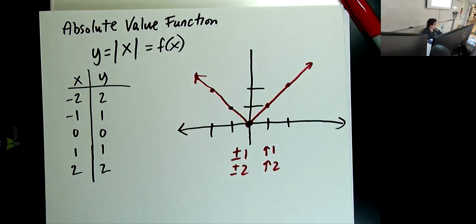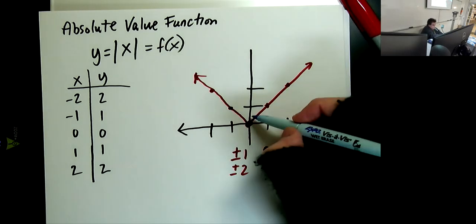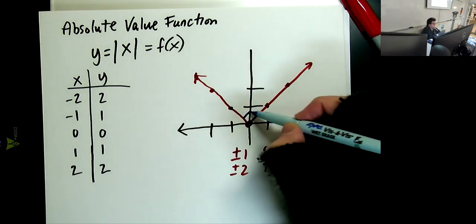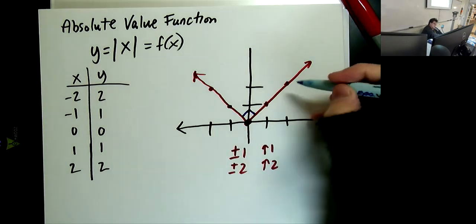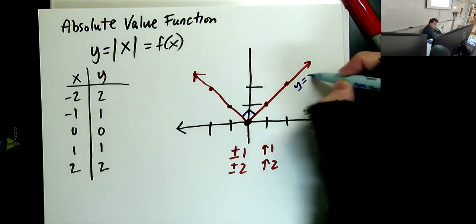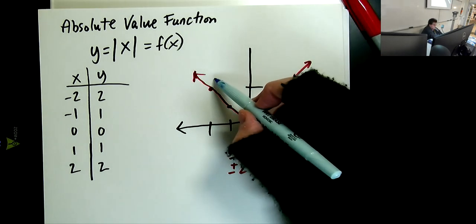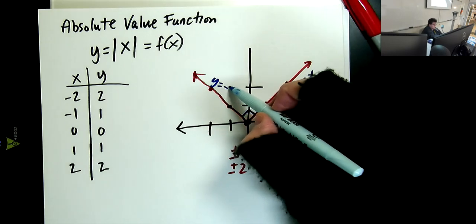Makes a V. In fact, it's actually a right angle. If you made a triangle thing, it actually makes a right angle. This line right here is the y equals x line. This line right here is the y equals negative x line.